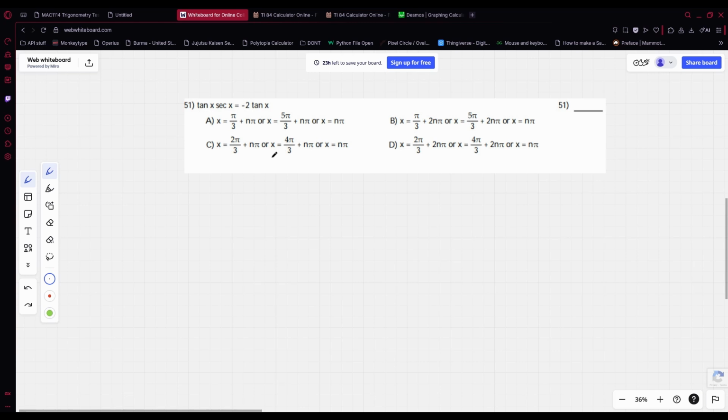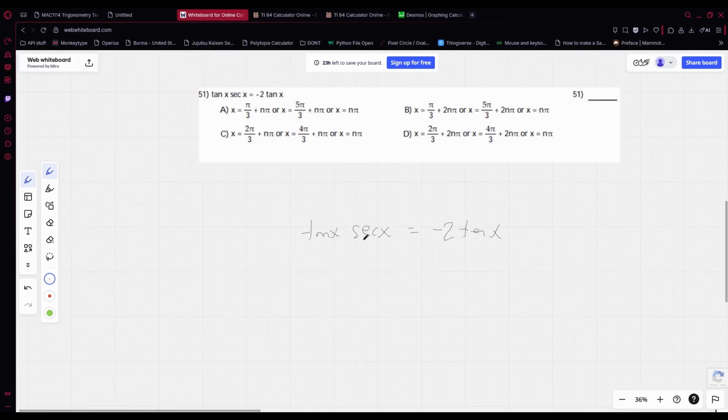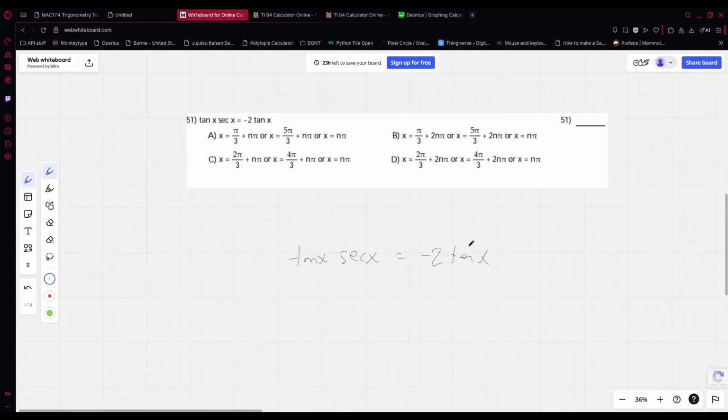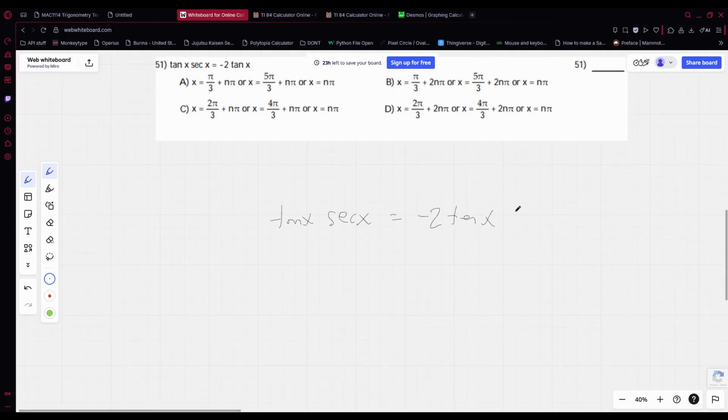It is so incredibly tempting to just divide both sides by tan x, get rid of it. I want to do it. But you can't do it. And it sucks. But what you can do instead is what you did in the other problems. So it's just simplify this expression.